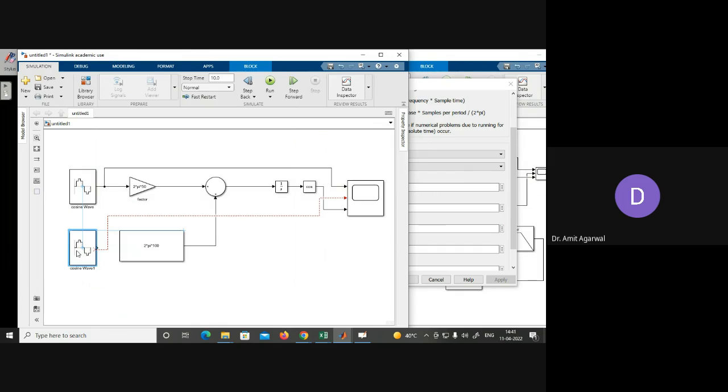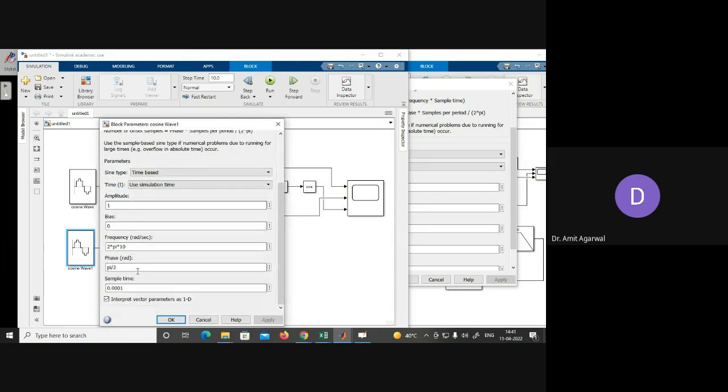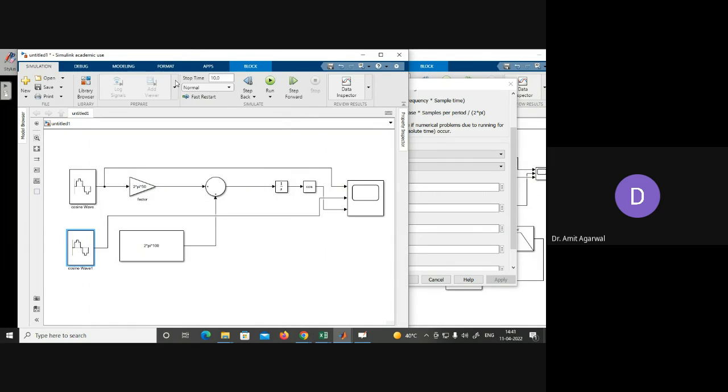It's your carrier. Frequency must be 100. It will be done now.